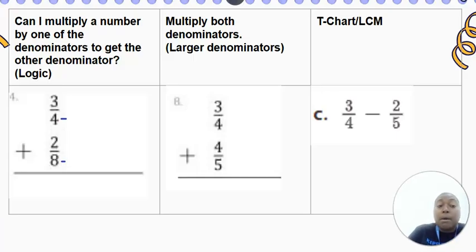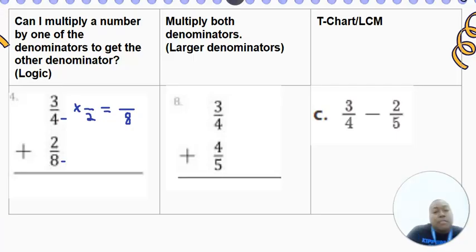Well, I know using my math facts that if I multiply 4 times 2, that will give me the common denominator of 8. Again, we're trying to make like denominators.